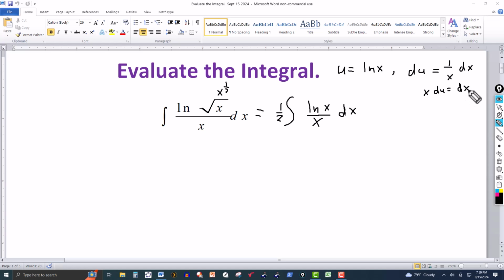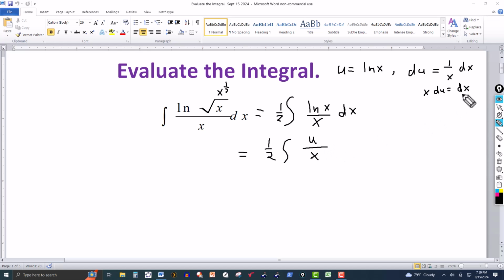Then I'm ready to make my substitution. This is equal to 1/2 times the integral, and of course the ln of x, that's your u. I'm trying to convert the integral into one that involves only the variable u instead of x. Ln of x will be u. I still have the x down here, and I don't want the x, I just want u.